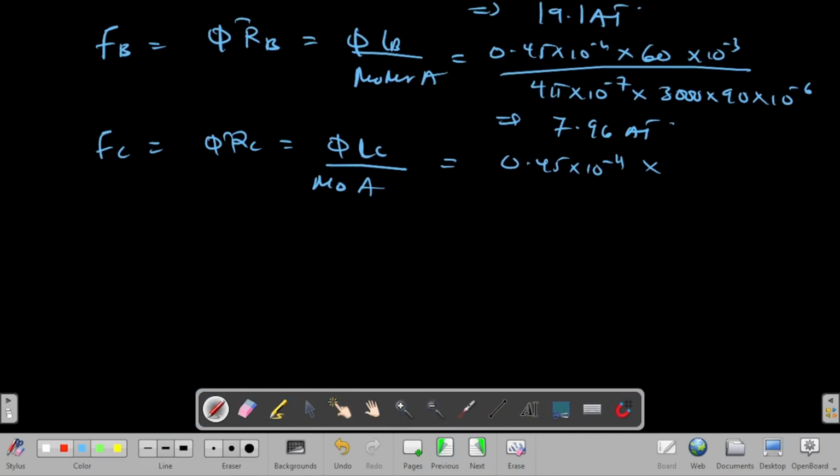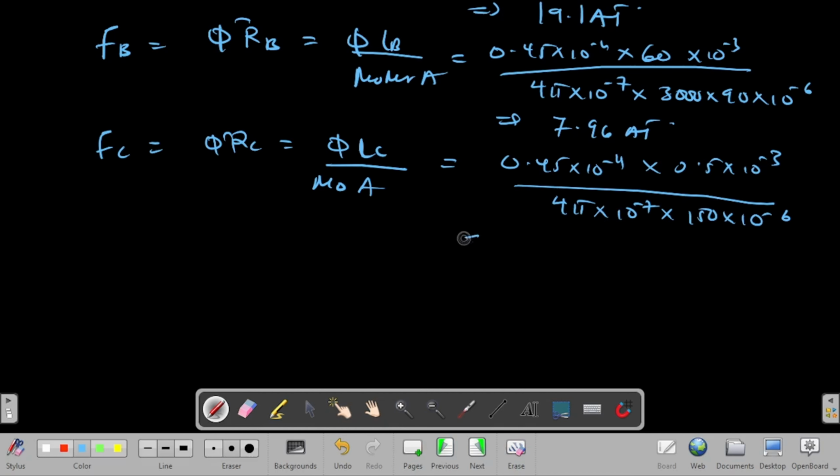So 0.5 times 10 to the power negative 3 over 4 pi times 10 to the power negative 7 times 150 times 10 to the power negative 6. And this ends up giving us 119.380.